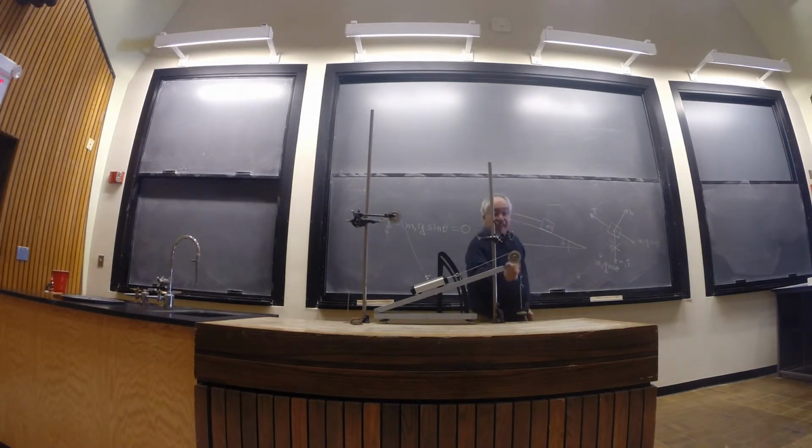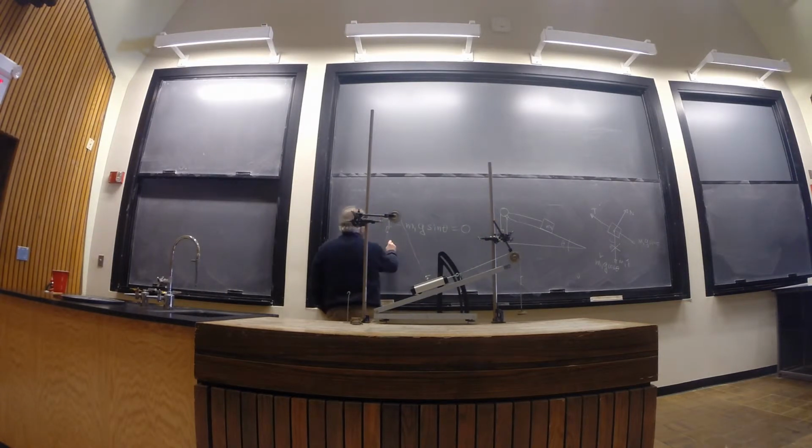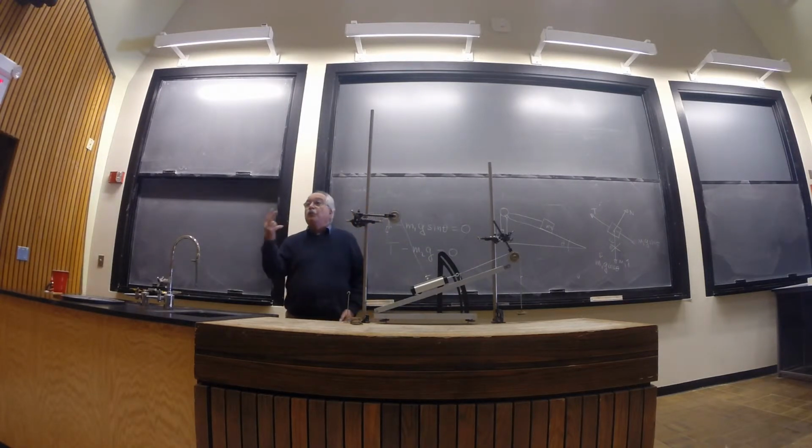And from the hanging weight free body diagram, I have another equation, namely T minus m2g, m2 is the hanging mass now, is also equal to 0. This illustrates the use of two free body diagrams to find the answers.